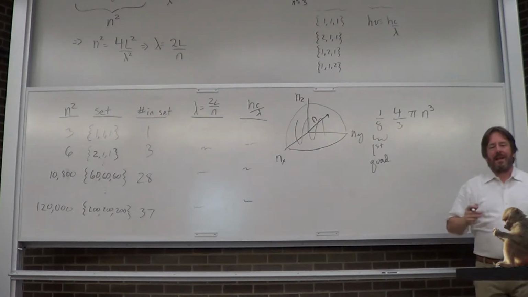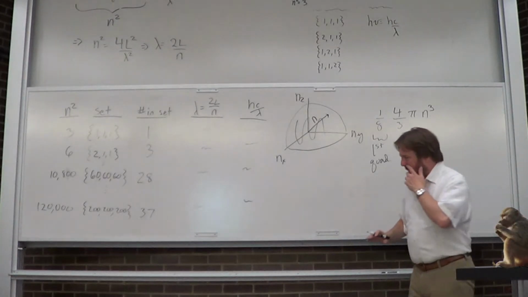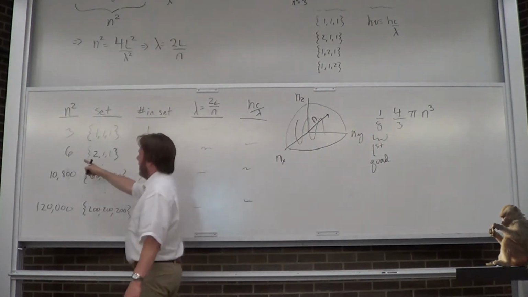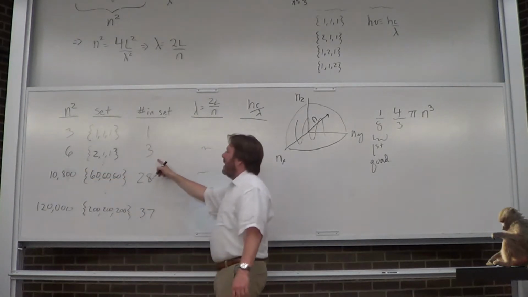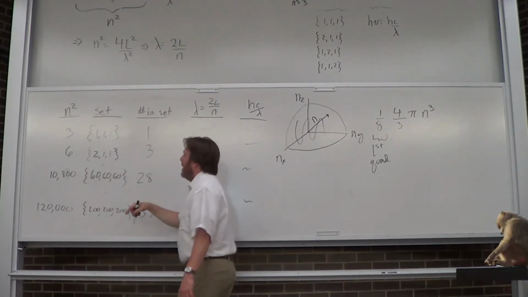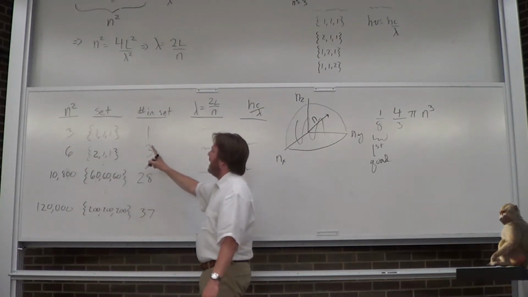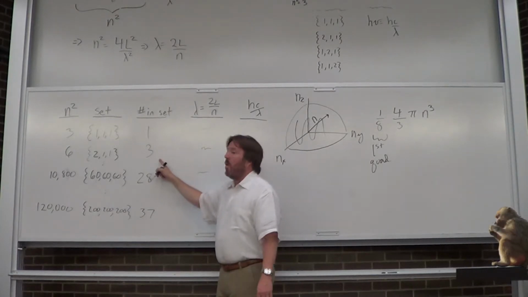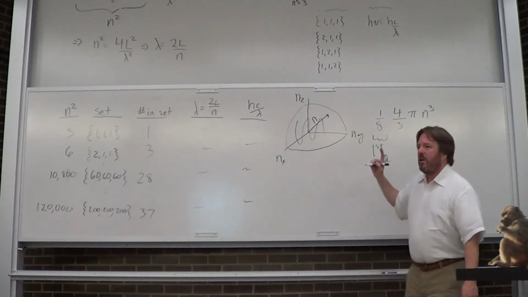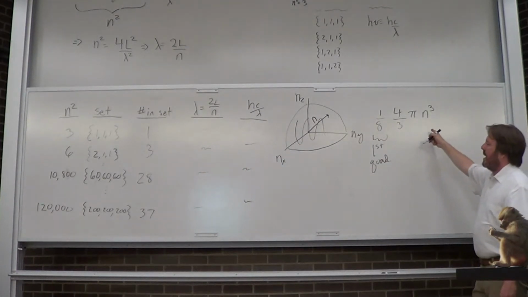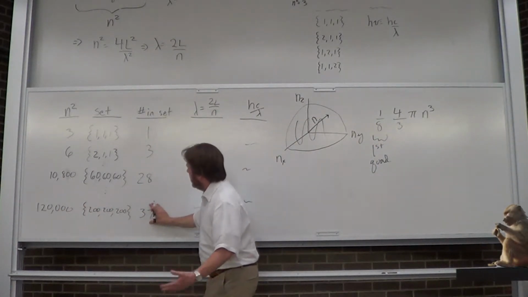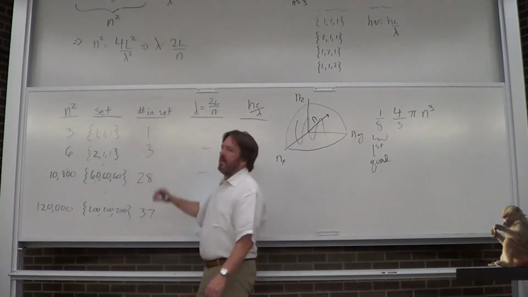What does this give me? Again, it's a little nuance. If I plug in n squared of 3, the answer is 1. If I plug in n squared of 6, the answer is not 3, but it's 4. What it does is give me a running total. So the volume of this eighth sphere gives me the number of modes for whichever one I'm talking about, the number in set, plus all the others.